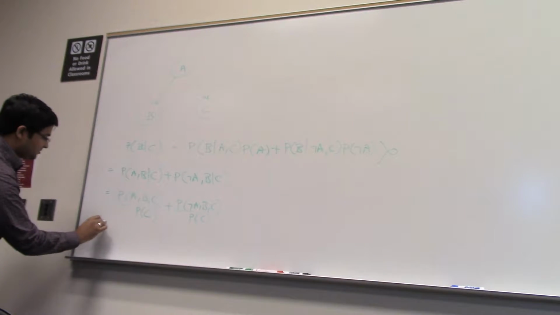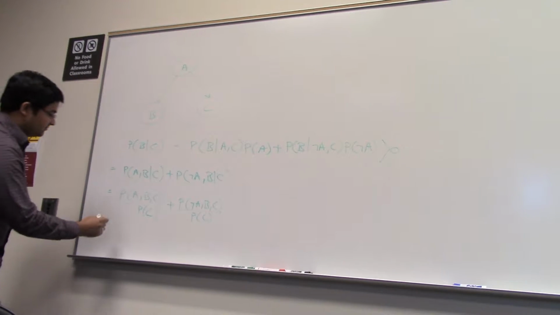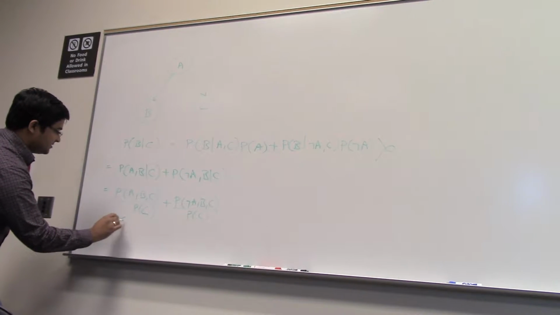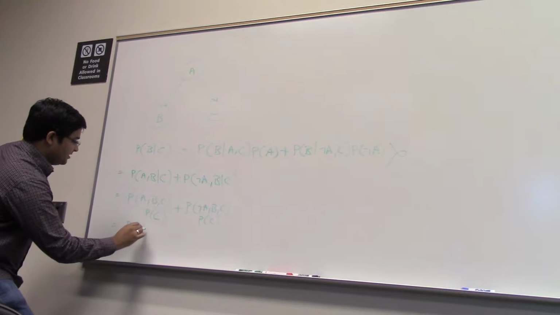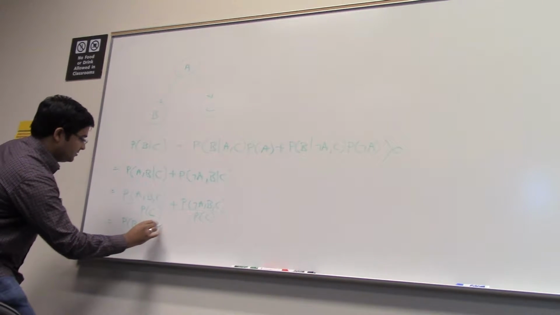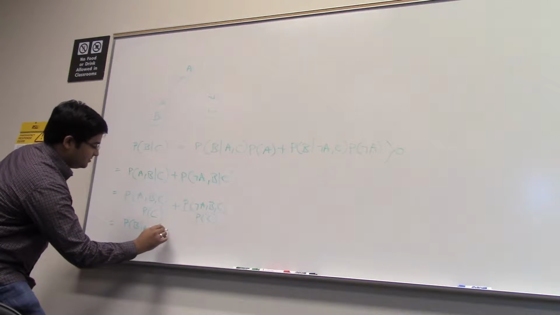So this you can write in terms of variables, right? So this is basically P(B given A comma C) times P(A, C), which is P. Okay, right.